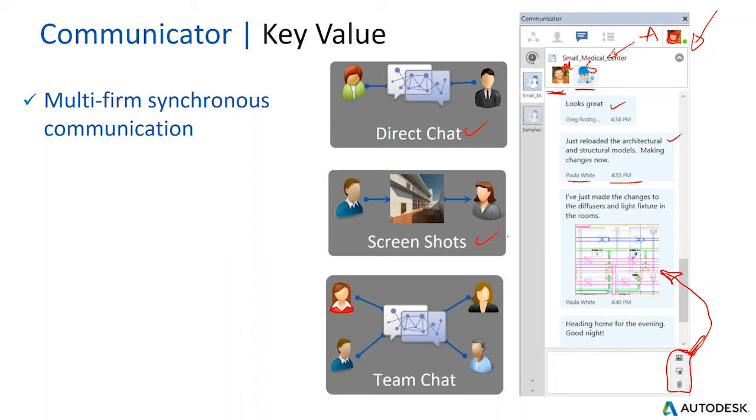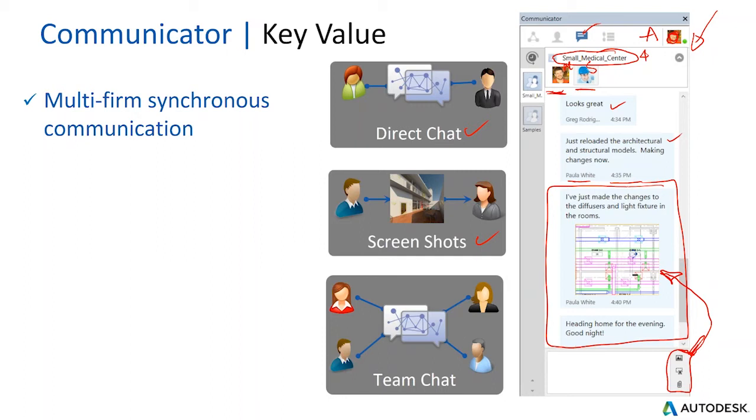They can be one-on-one, so you could find somebody inside of your chatting window and chat directly to them, or you can have an entire team chat, which means anybody associated with the small medical center, so this could be a total of 4 individuals, and they would all get this message right here.